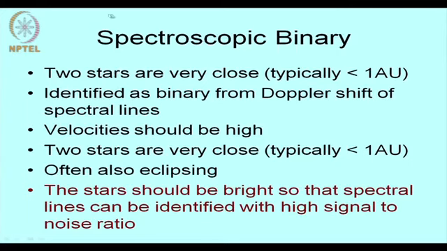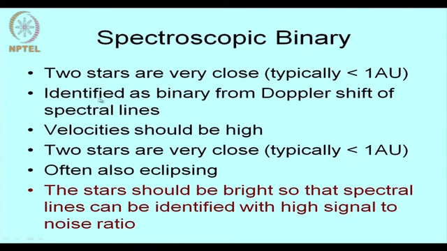So, what is a spectroscopic binary? Here again we have two stars which are very close, typically less than 1 astronomical unit, and we make out that we have a spectroscopic binary from the Doppler shift of spectral lines.